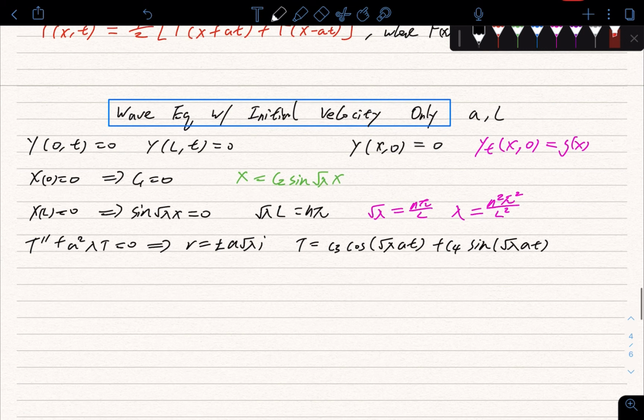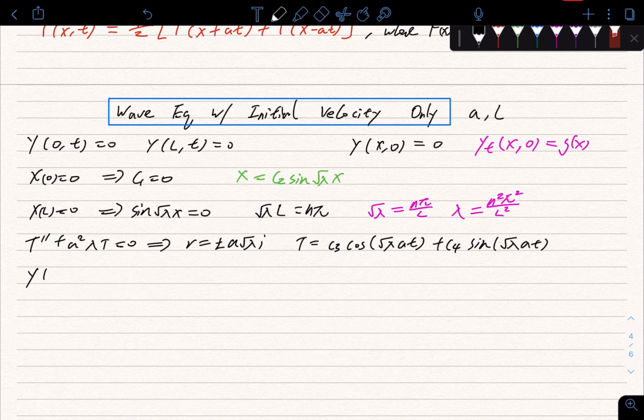Okay, let's use the boundary condition, because since we have no initial displacement, this will tell us that c3 equals 0, because again, when we plug in t equals 0, the sine term gets eliminated, and then cosine of 0 is 1, so T(0) equals c3 equals 0.